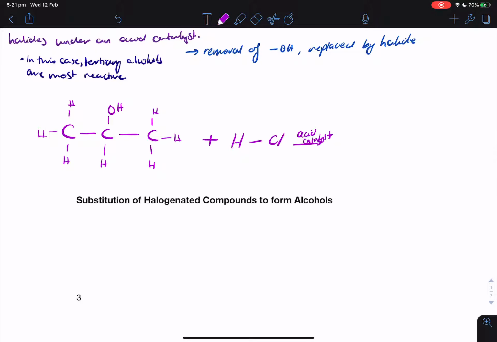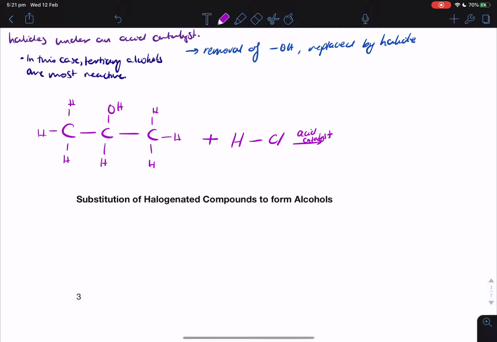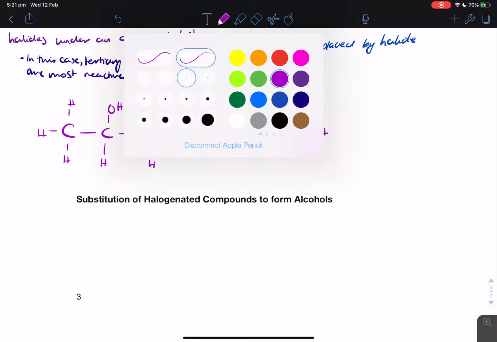And sometimes you actually need to heat up the solution for a primary and secondary alcohol in order to speed up the reaction. Sometimes you put heat, you don't need to, so there's no specific figure. Sometimes you just heat it under a heating mantle in order to speed up the reaction. Let me put this in more space. Acid catalyst. Okay, what's going to happen here?